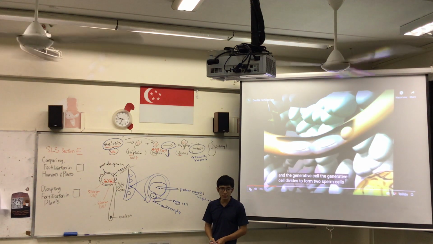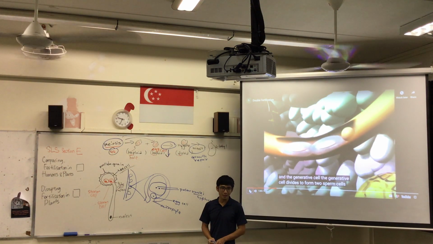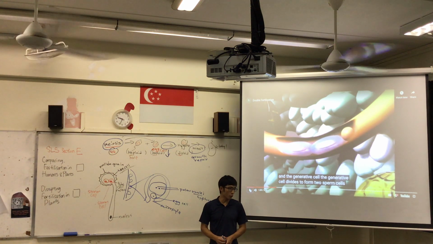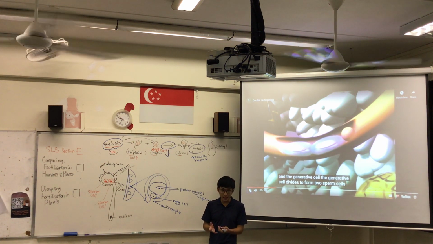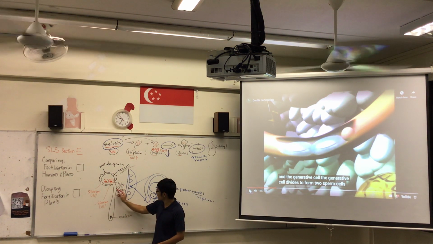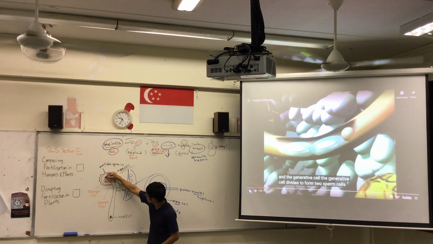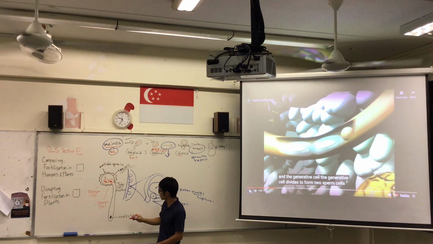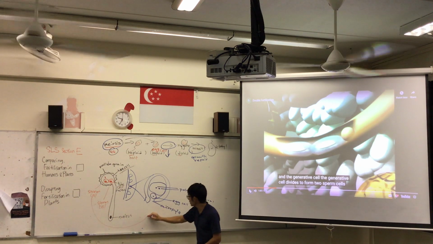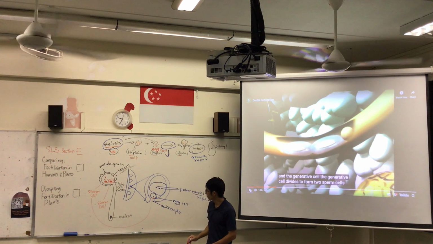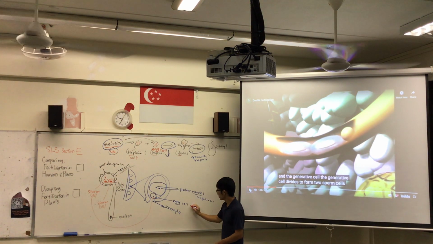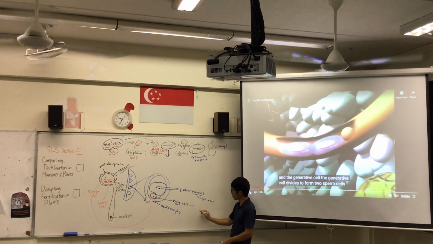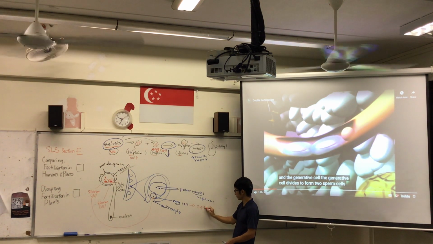And this is important, and also why for plants we say that the process they go through is called double fertilization, because one of the sperm cells will end up fertilizing the egg to form a zygote. So this plus the sperm, you get the zygote.